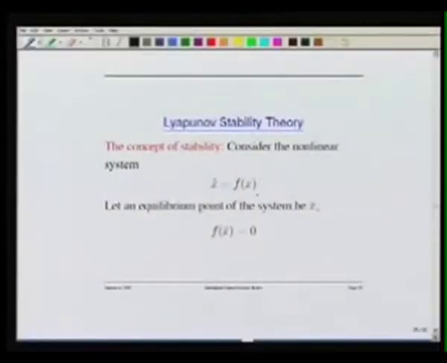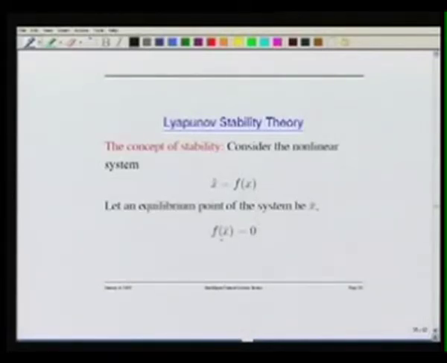As you see, this is not a course on nonlinear systems, so we will not go into details, but whatever is minimally necessary we will cover in this course. So, x dot equal to f of x, this is a nonlinear system, and the equilibrium point is x bar.